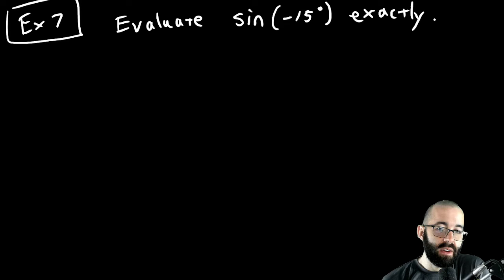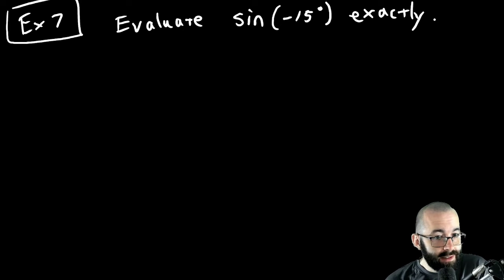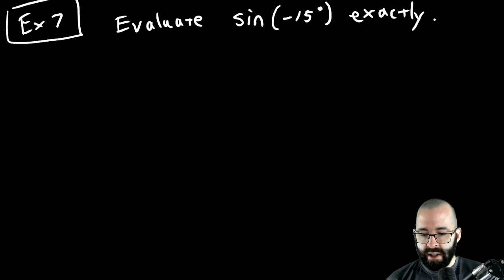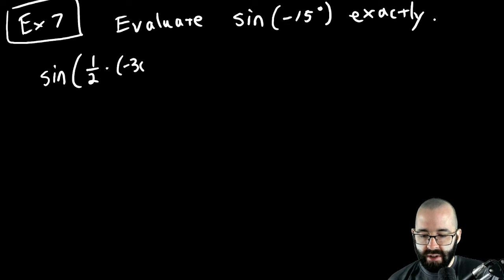We did this before in 9.2. But let's use a half angle formula. Because even though negative 15 degrees is not an angle that we know much about, it is half of negative 30 degrees. Right? So this is just going to be the sine of 1/2 times negative 30 degrees.